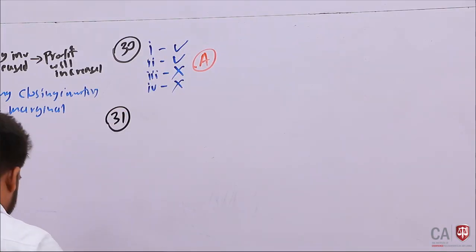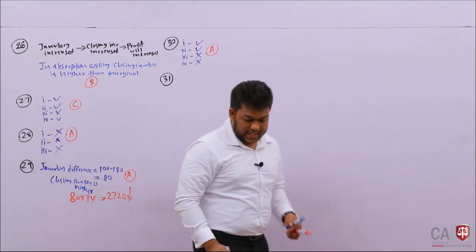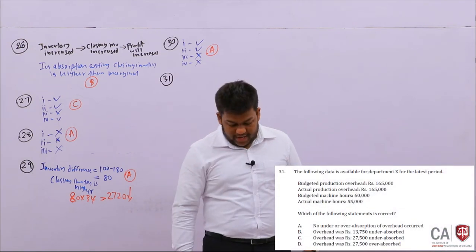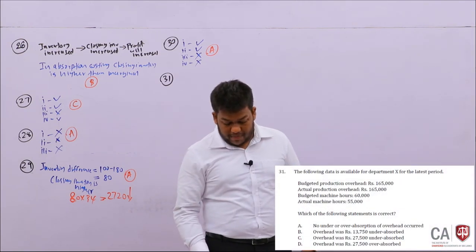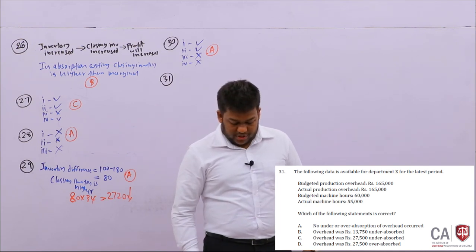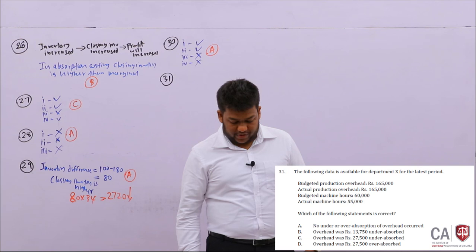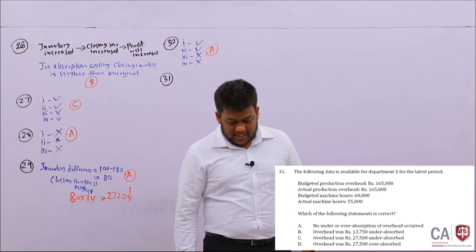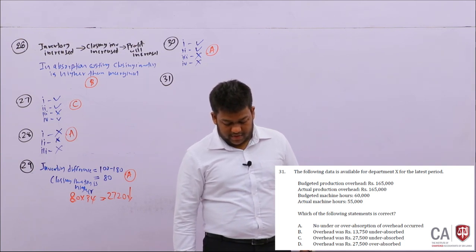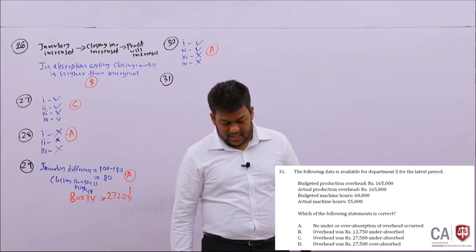Then 31. The following data is available for department X for the latest period. This is the same type of question as the 25th question. The budgeted production overhead is given, actual production overhead given, budgeted machine hours given, actual machine hours given. Which of the following statements is correct?